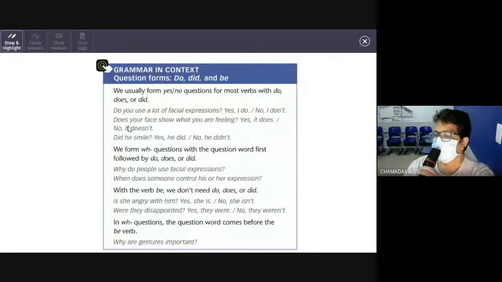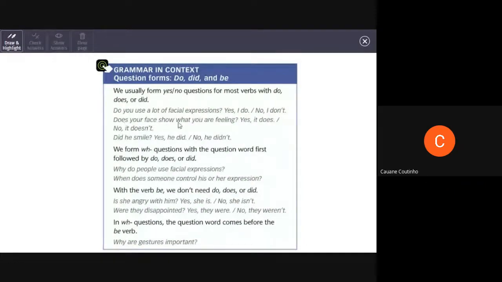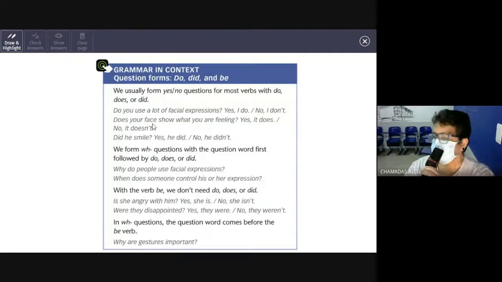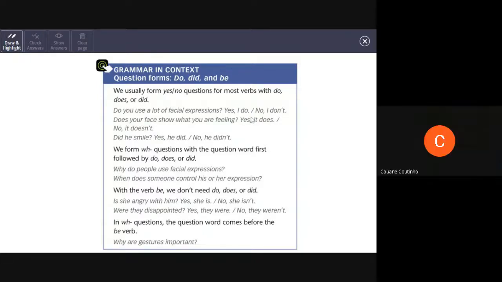Does your face show what you're feeling? Yes, it does. No, it doesn't. Did he smile? Yes, he did. No, he didn't.